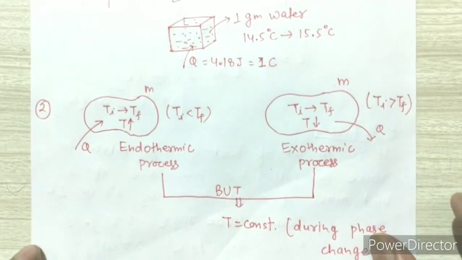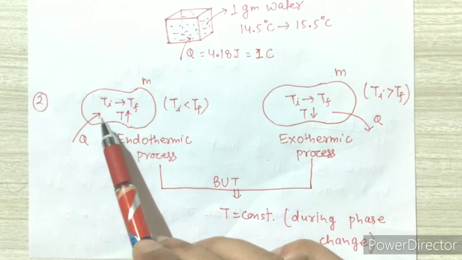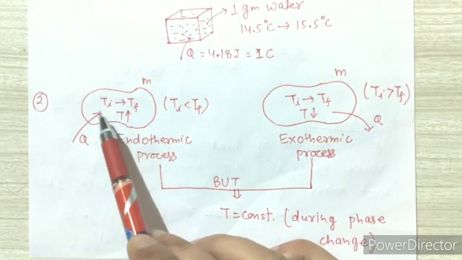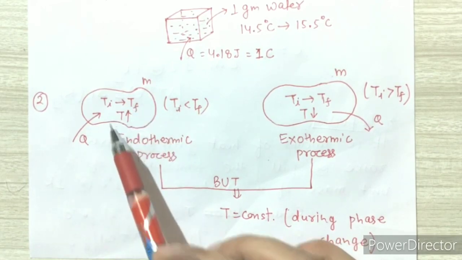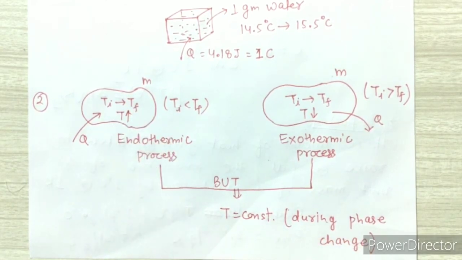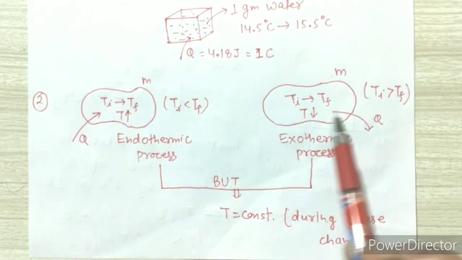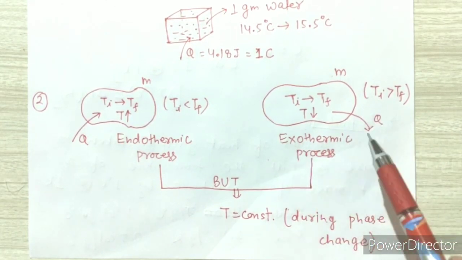Now the second point that we will remember here is that when heat is given to a system, its temperature increases, from initial to final. This process is called an endothermic process. And when heat is taken from a system, its temperature decreases, and it is called an exothermic process.